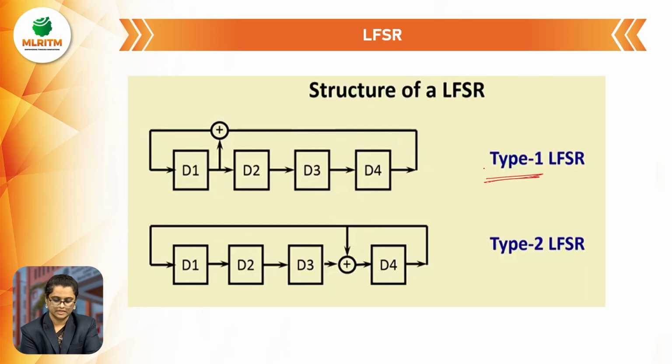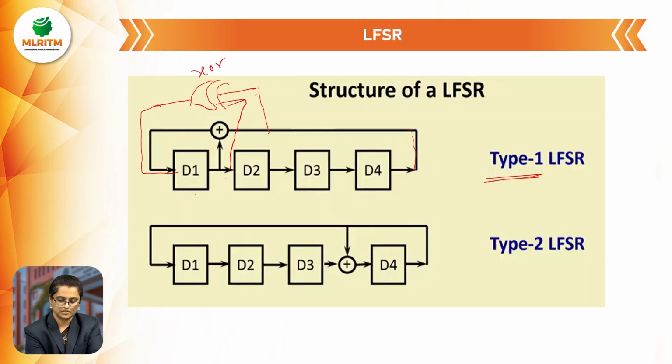Type 1: D1, D2, D3, D4 are connected in series, and the output of D4 is connected to the XOR gate. The D4 output is given here, and one more input is coming from D1, and this XOR output is fed back to the D1 register. That is type 1.